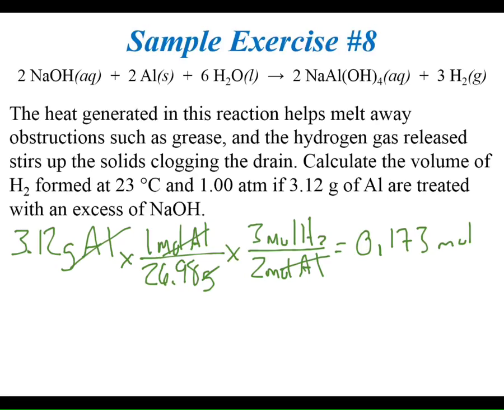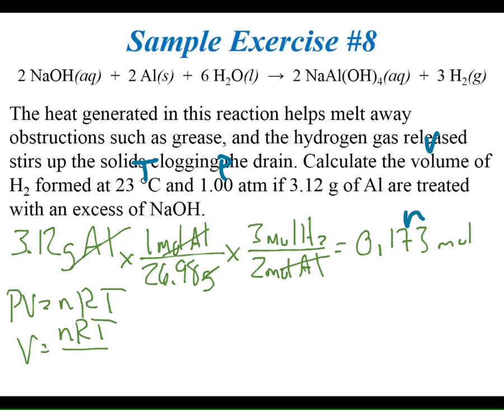Okay, so now we have N, we have P, we have T. Now we can solve for V. PV equals nRT, so V equals nRT over P. We just found our moles, 0.173 moles.